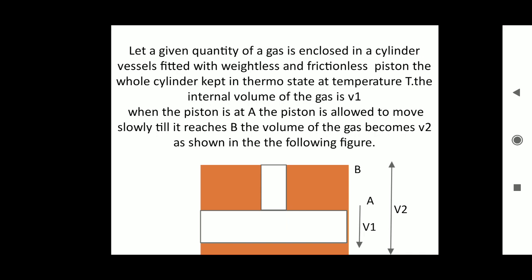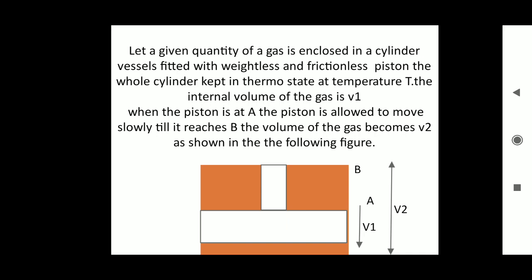When the piston is at A, it is allowed to move up slowly till it reaches B. The volume of the gas becomes V2 as shown in the following figure. The difference of these volumes: at A the volume is V1, and at B this volume has expanded to V2.